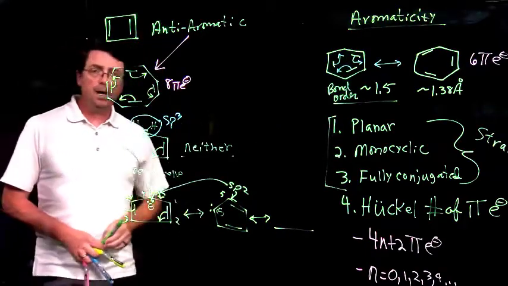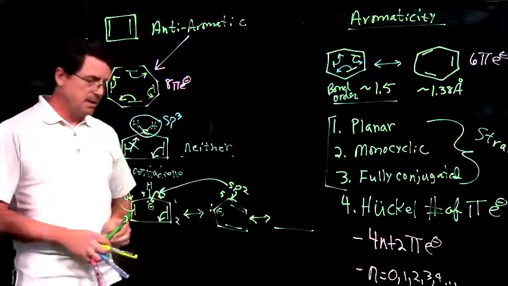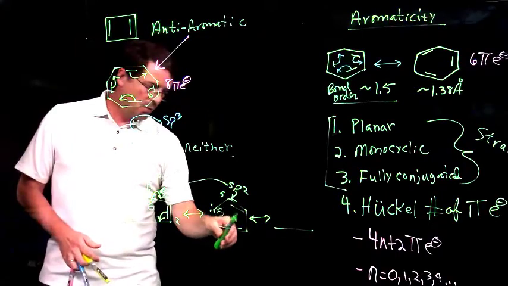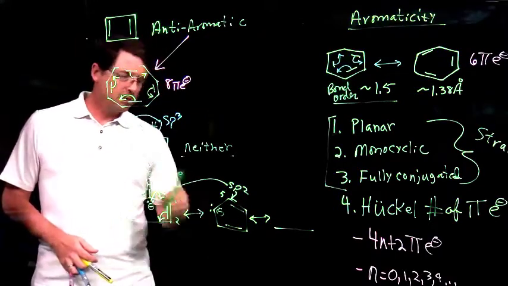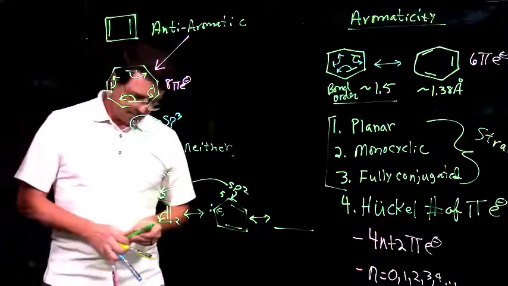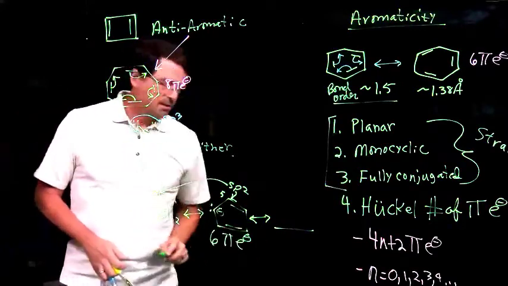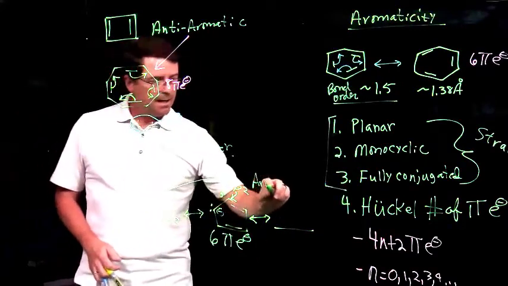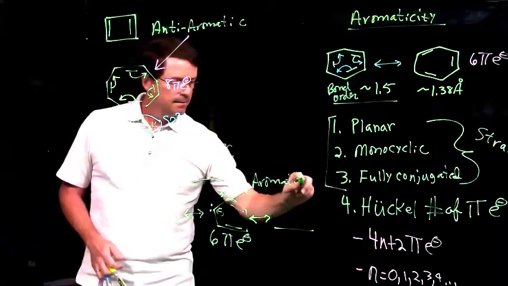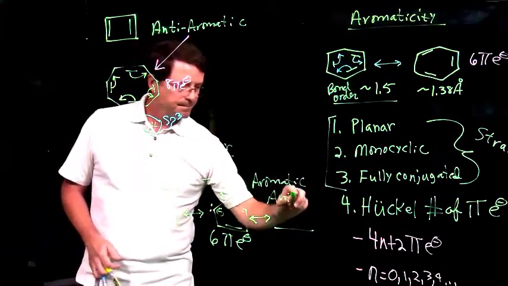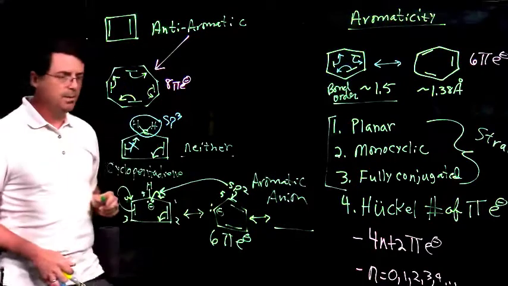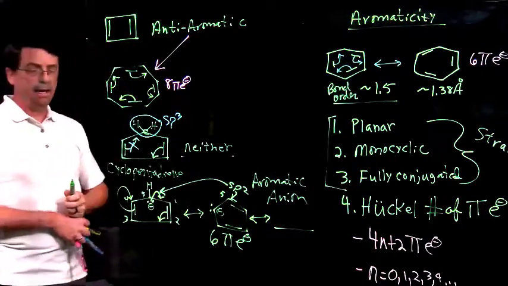And then how many pi electrons? Well, all of these electrons, the 4 electrons in the double bond plus the 2 in the lone pair, give me 6 pi electrons. So this is an aromatic anion. Okay, and this is an example of an aromatic anion.